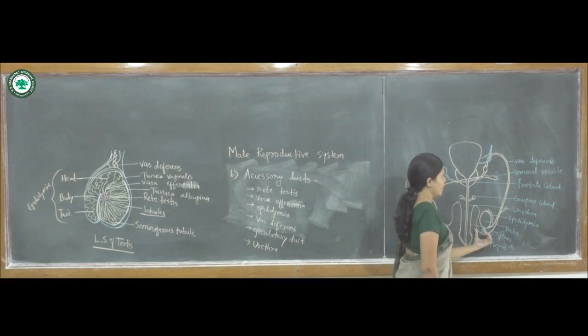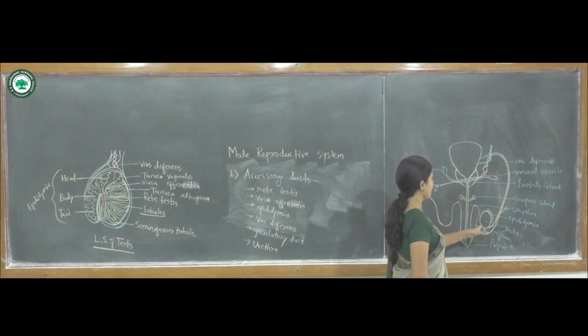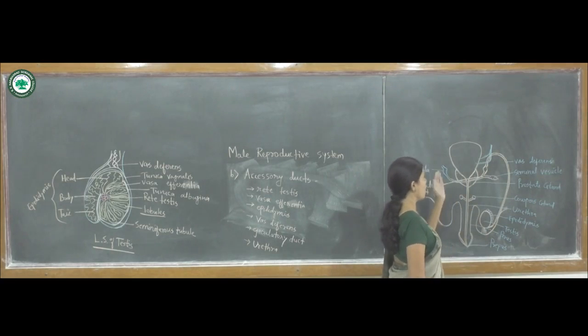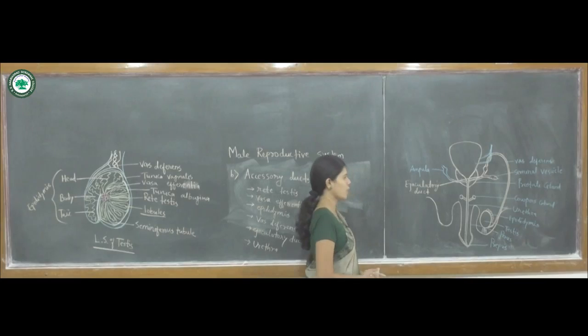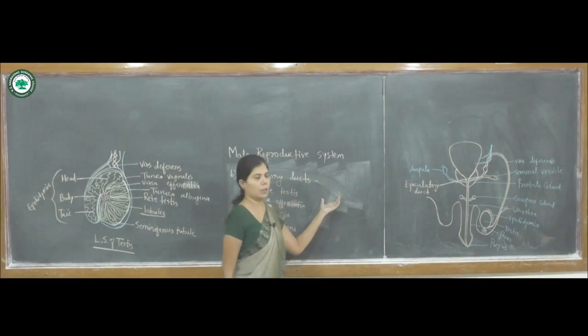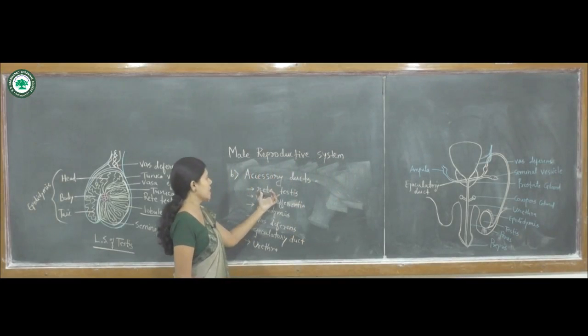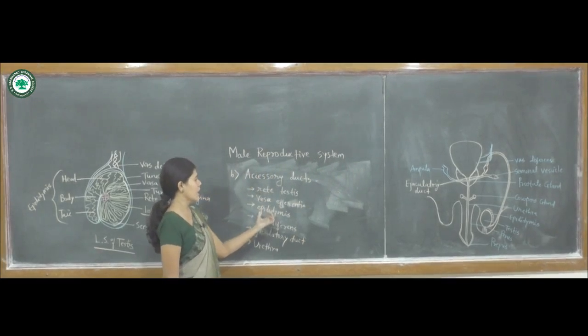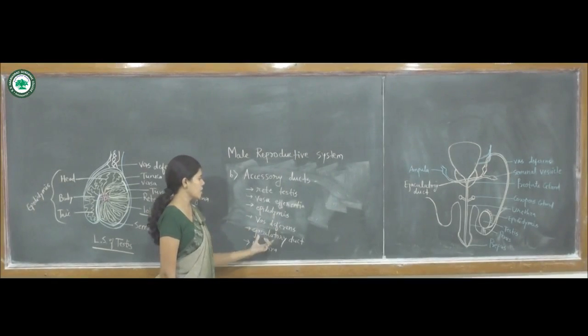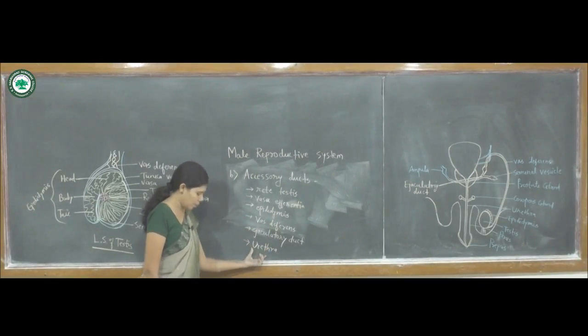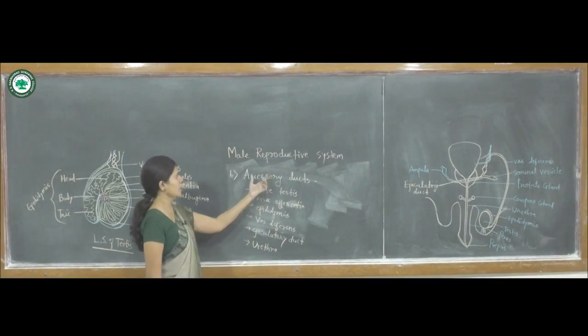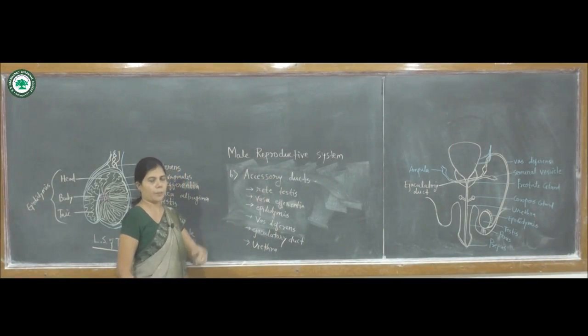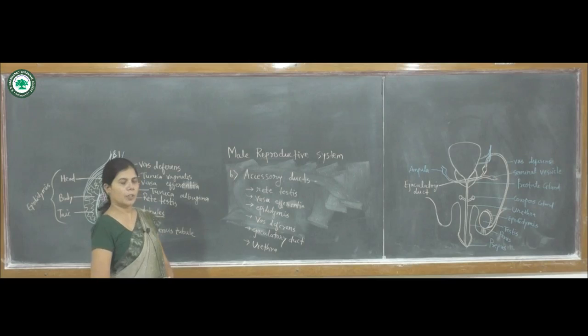From the testis, tube-like structures are formed, and these include rete testis, vasa efferentia, epididymis, vas deferens, ejaculatory duct and urethra. These are the accessory ducts which take part in the human male reproductive system.